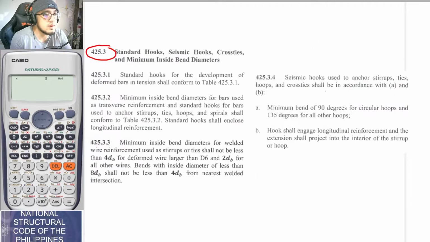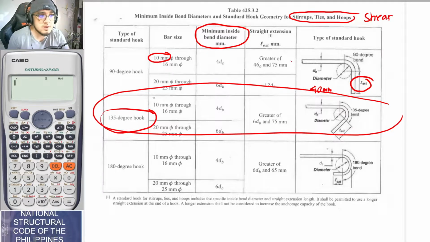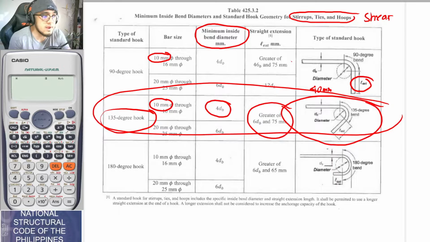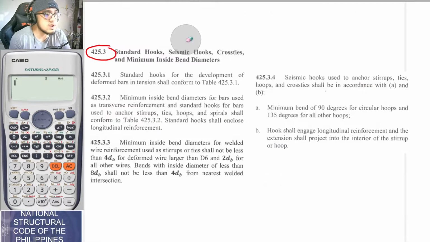Okay, so with that, guys, you will be using this provision. And once again, direct substitution. If you are using 10 mm, you will be making use of this provision, and this figure as a reference. So napaka-basic niyan. So with that, guys, I will just be moving forward with the other provisions here.